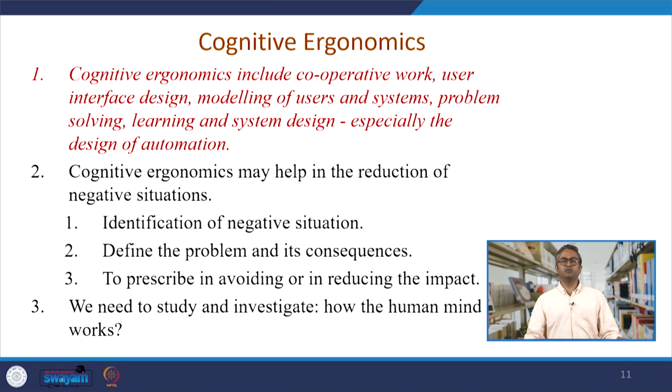More than this, I think what is more important in the discipline of cognitive ergonomics is how the human mind really works under different social contexts and environmental situations, such as a worker working in a nuclear power plant, or a worker working in a farm, or a worker working in an operation theater. A nurse is very different from a nuclear scientist. A nuclear scientist is very different from a farmer.